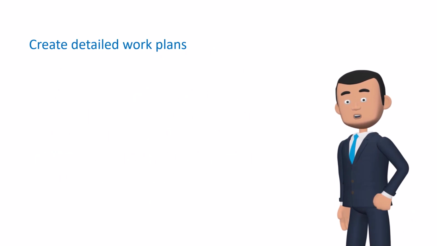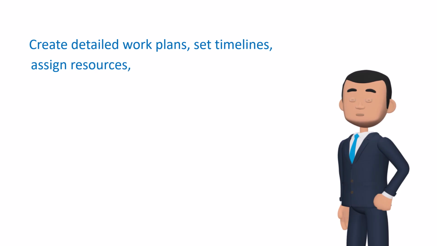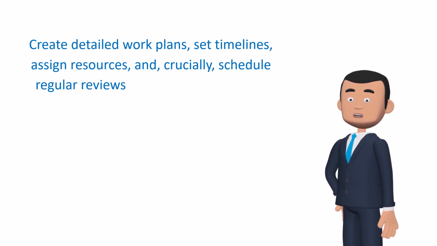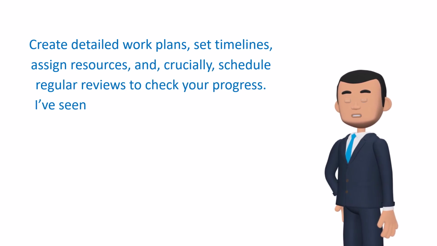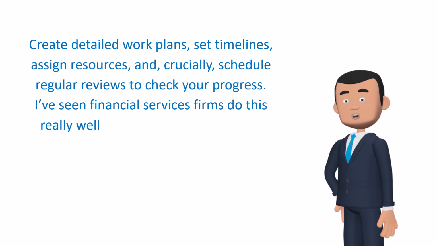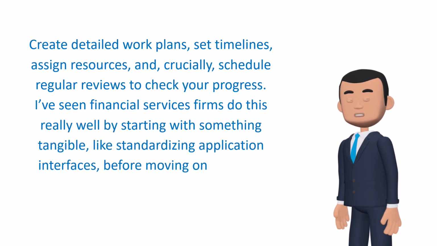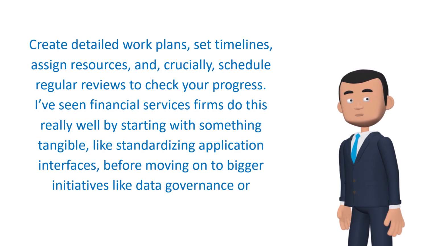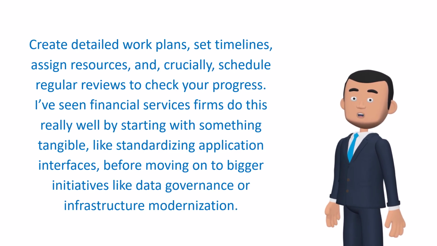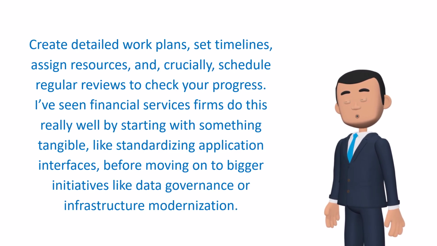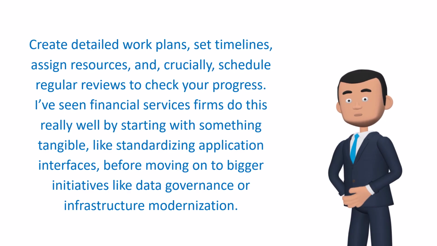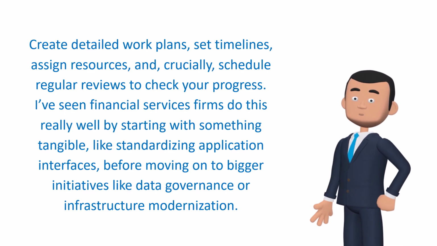Create detailed work plans, set timelines, assign resources, and crucially, schedule regular reviews to check your progress. I've seen financial services firms do this really well by starting with something tangible, like standardizing application interfaces before moving on to bigger initiatives like data governance or infrastructure modernization.